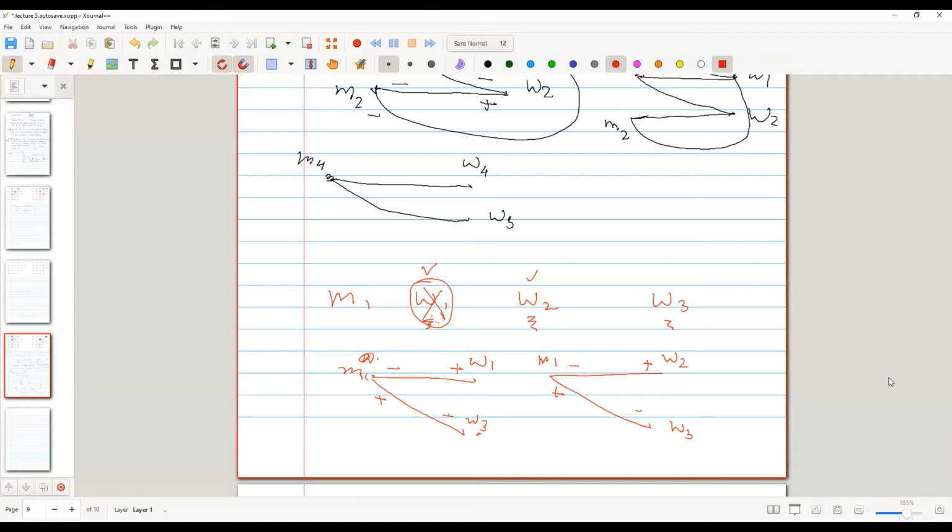No. Second best is not a good word. The woman just after the current partner and not the second one. If we choose the second one, then we'll have this kind of rotation also. W3 would be the second one, but W2 is the first one. Yeah, I meant the first possible woman who prefers M1.